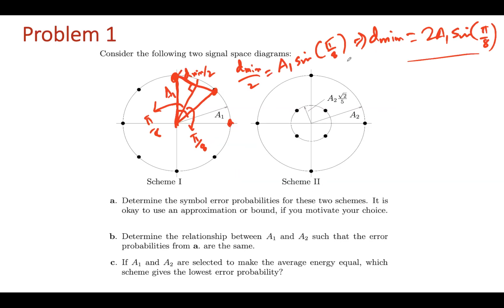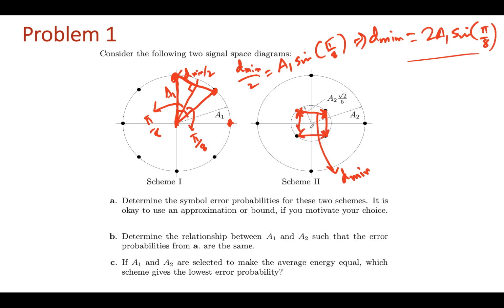For scheme 2 you can find out the d mean also. In scheme 2, something is very interesting to note: if you look into the signals that are on the inner circle and calculate the distance between them, this distance is your d mean. This is the same as this distance, and this distance.